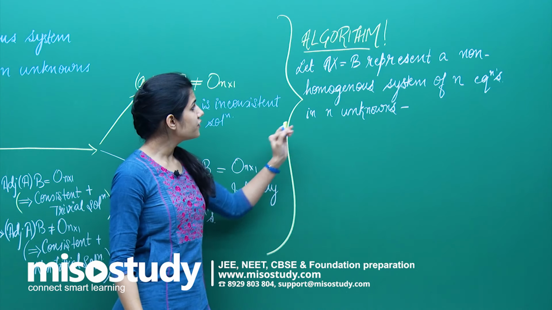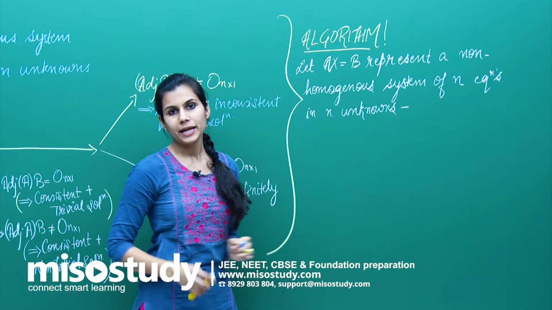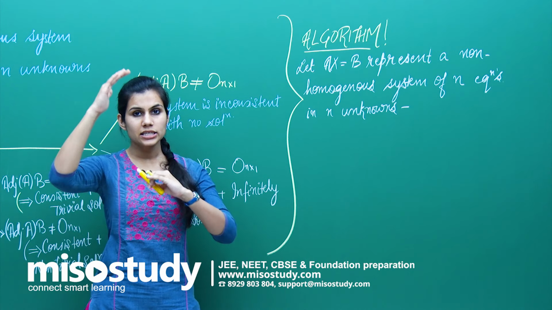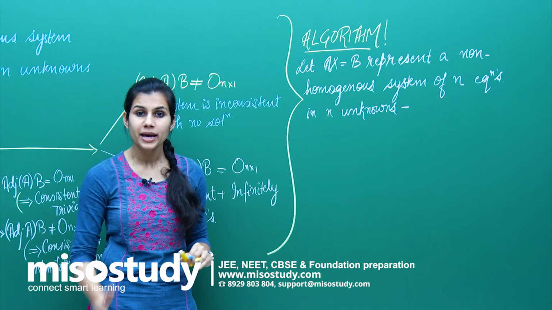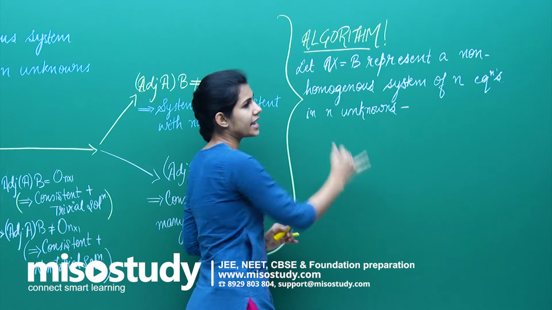Now see, if I am first of all writing this only, that means I had a system of equations in elaborative form and I expressed it in the form of Ax equals B.